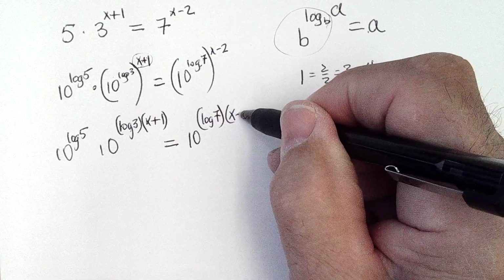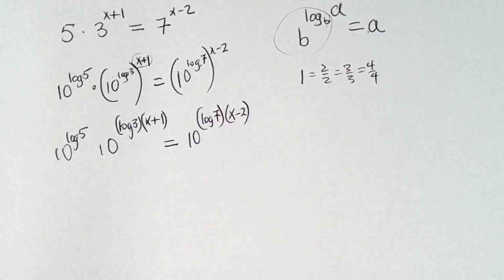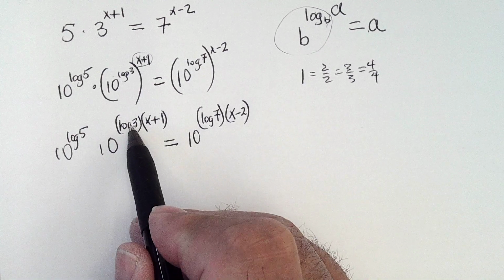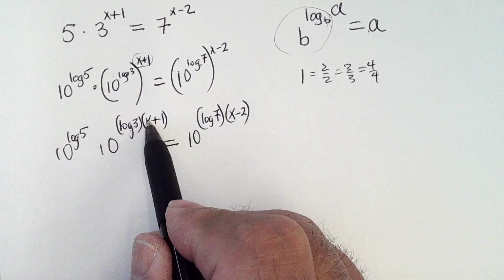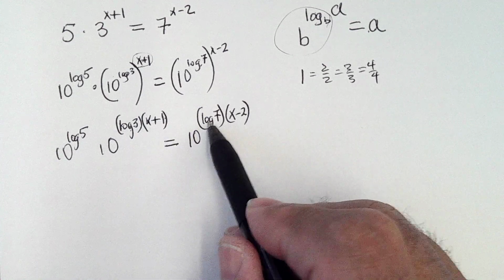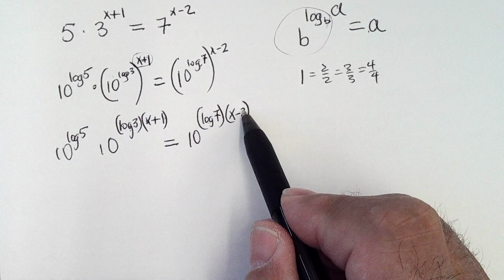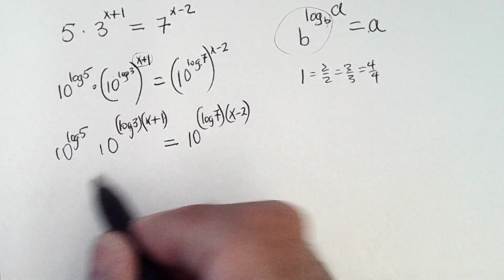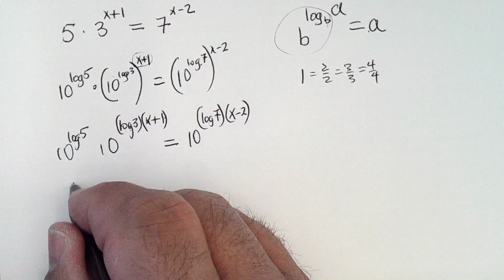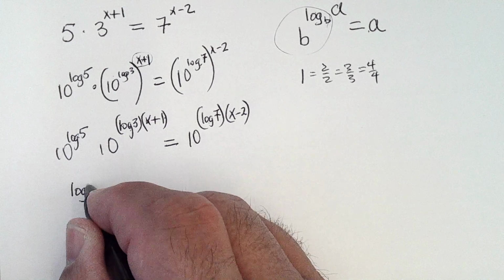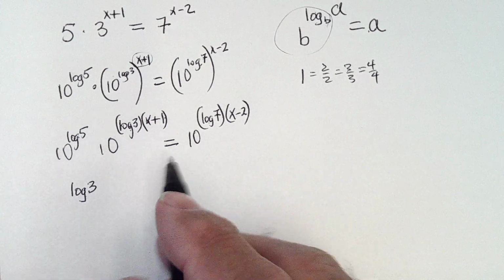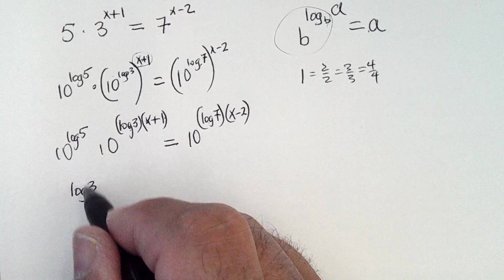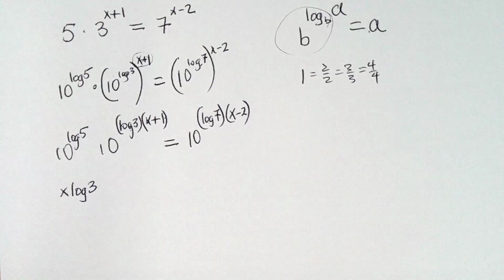times x minus 2. Now to work this out, I need to distribute this to both parts of this. And then I need to add this to this. So I get log base 10 of 3, understood base 10, times x. Now if I put it here, it looks like log of 3x, so I put the x in front.